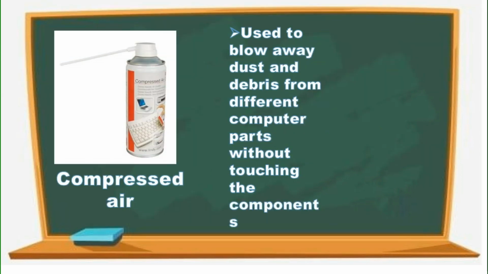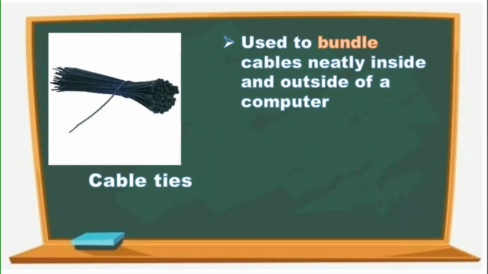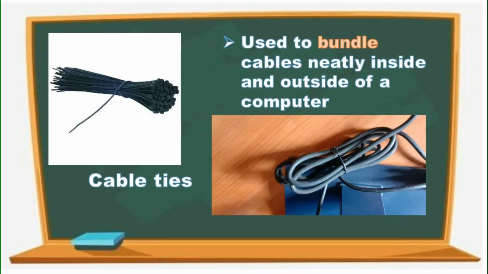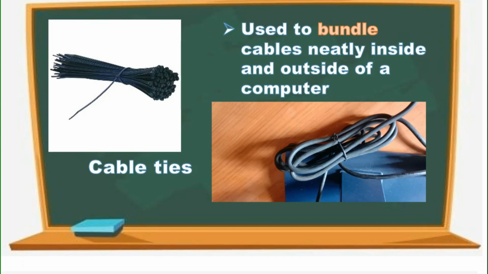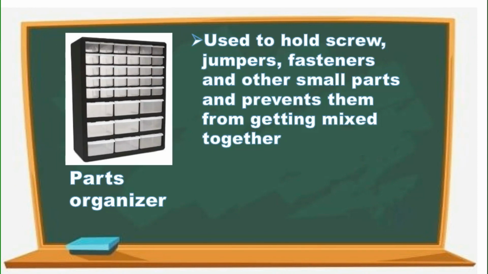Compressed air. It is used to blow away dust and debris from different computer parts without touching the component. Cable ties. It is used to bundle cables neatly inside and outside of a computer. Parts organizer. It is used to hold screws, jumpers, fasteners, and other small parts and prevent them from getting mixed together.